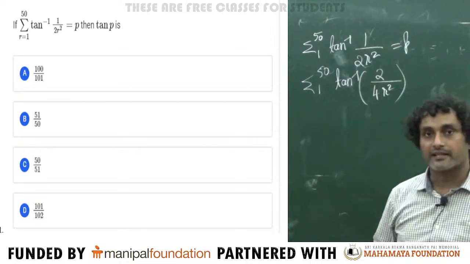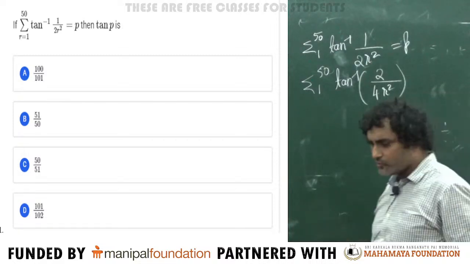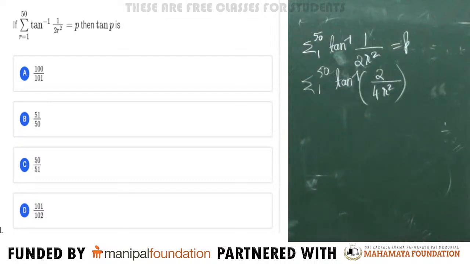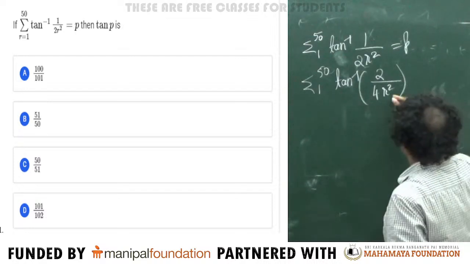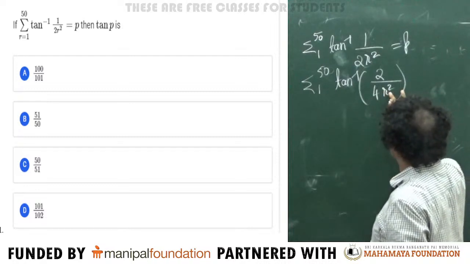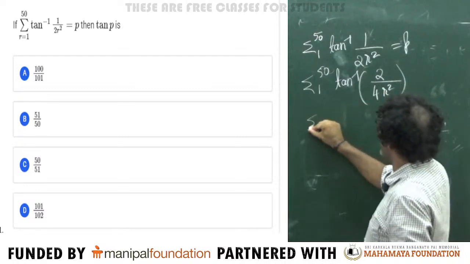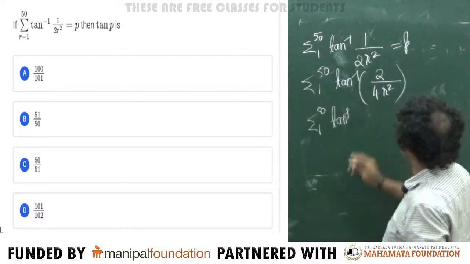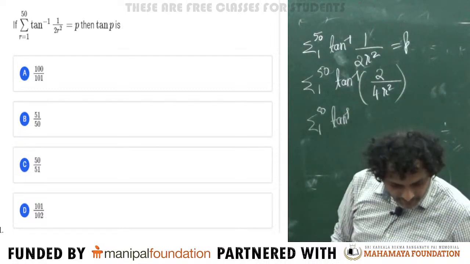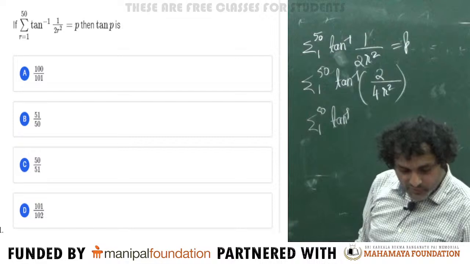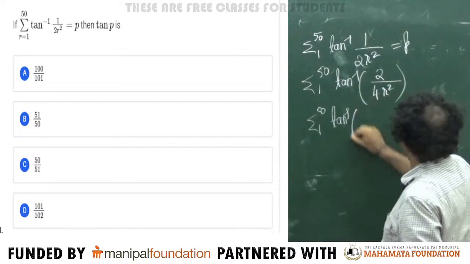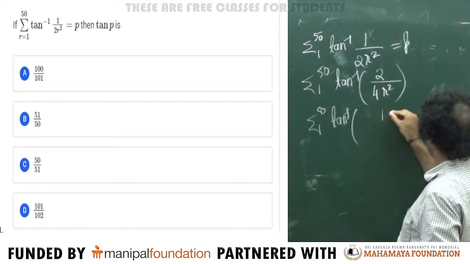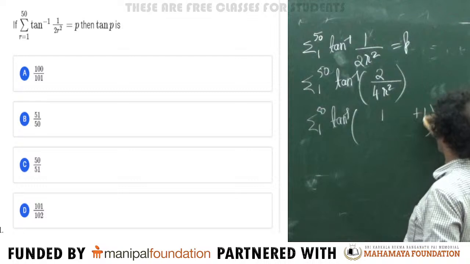Why I took 4r squared is, I'll show you the method. The 2, I'll split as 1 plus 1.